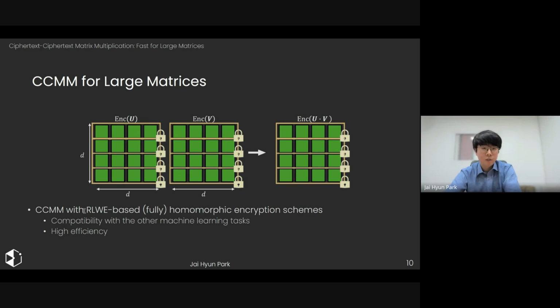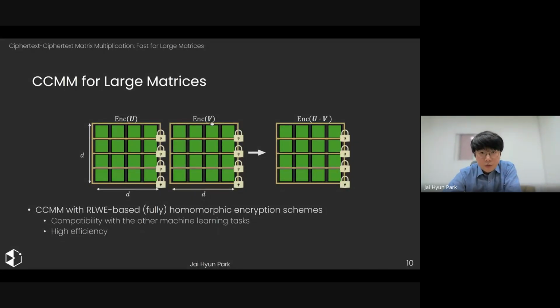The reason why I want to stick with CKKS is that I want to use it for PPML, and I want to make it compatible with other machine learning tasks. And as I'm focusing on large matrices, I want to have high throughput, and that's the reason why I'm specifically concentrating on the CKKS scheme.